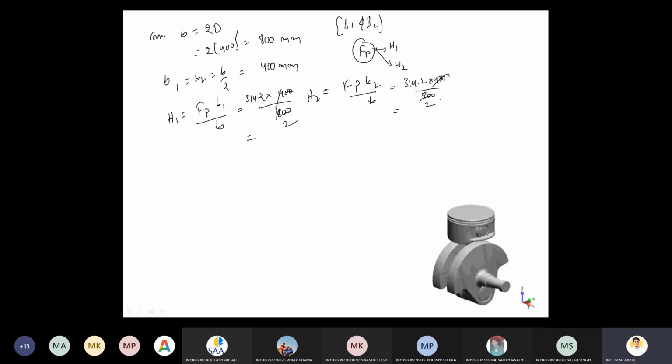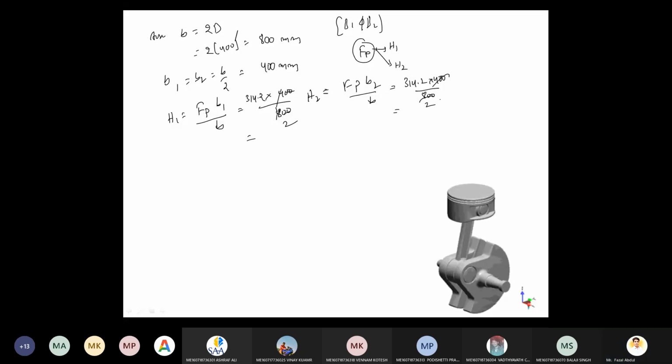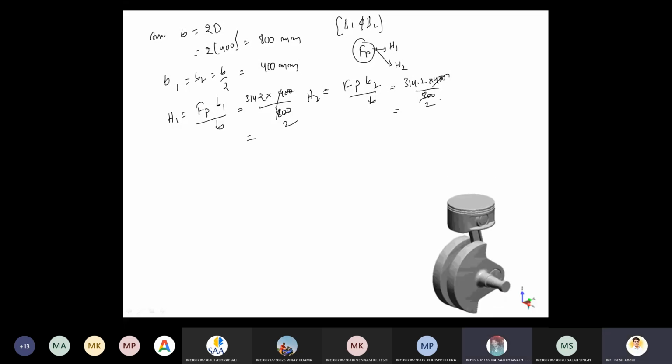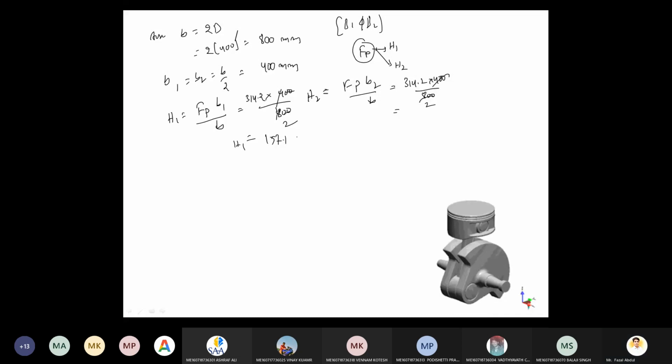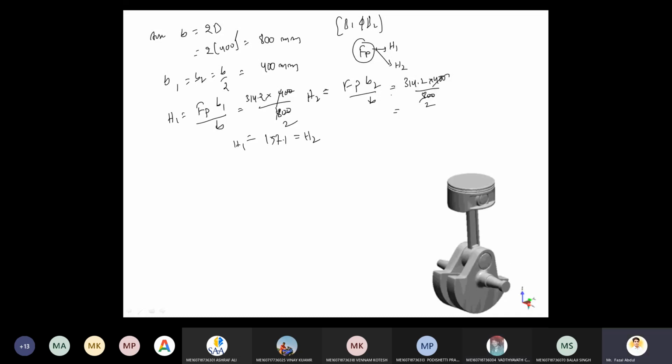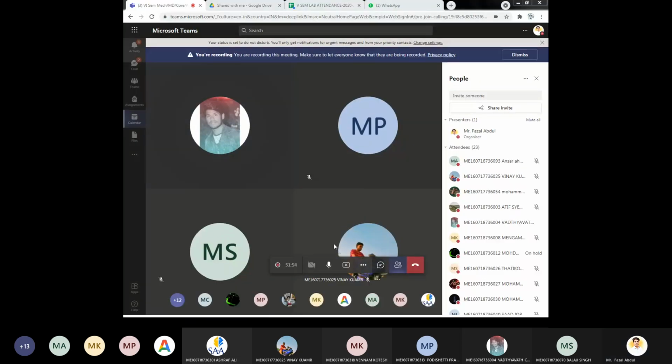So H1 is 157.1. Okay, wait. H1 157.1, and H2 also the same, because both values are appearing the same here.